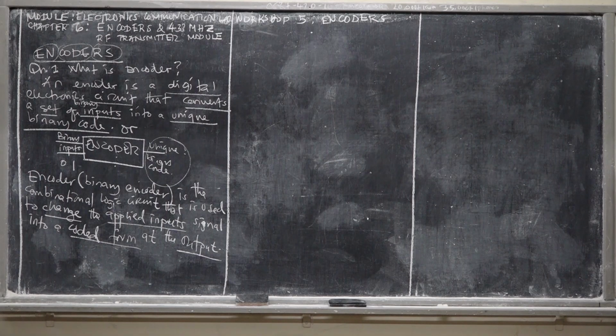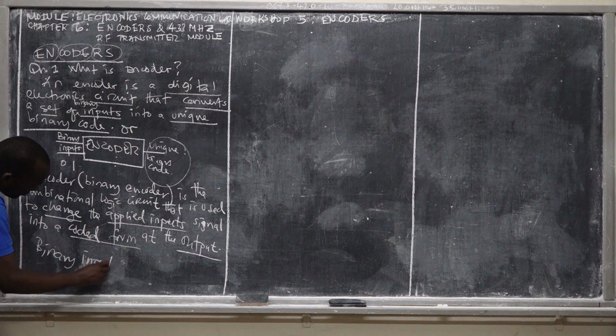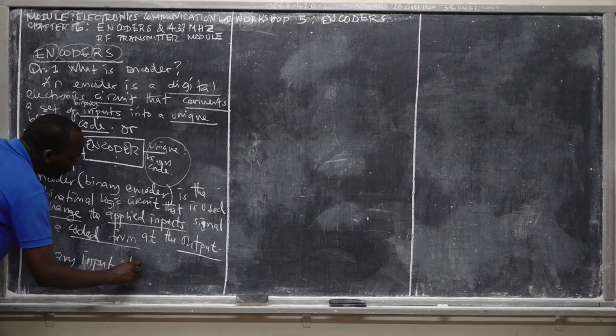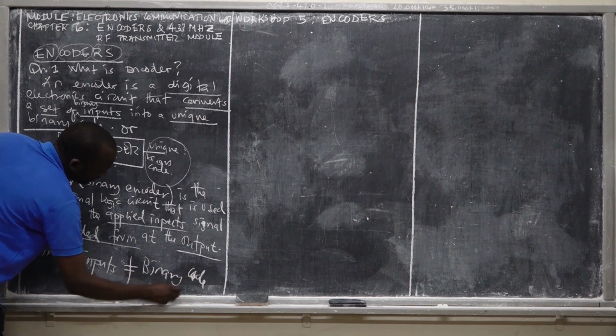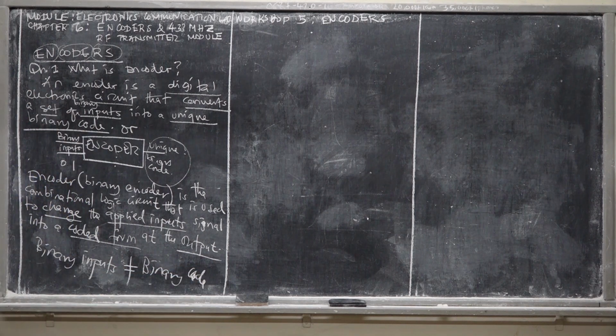There's a difference between binary inputs and binary code. Binary inputs are not equal to binary code. Because I see that you think these are the same terminologies, no? So from those two definitions, what are the inputs of the encoders?